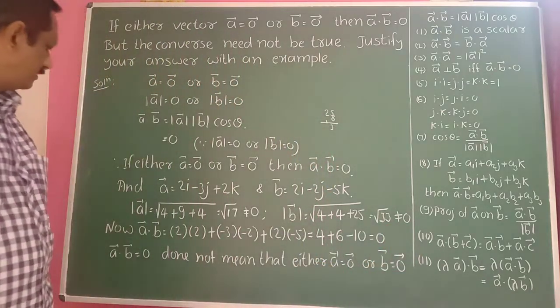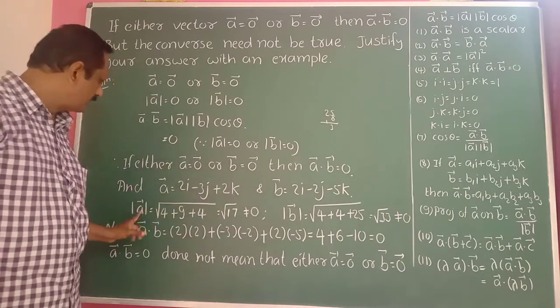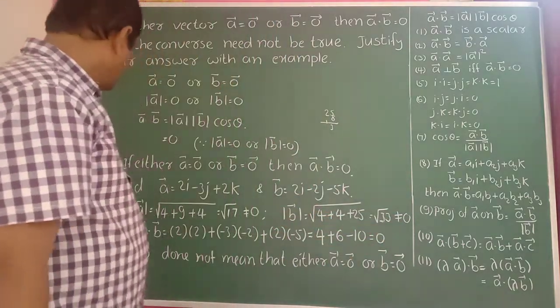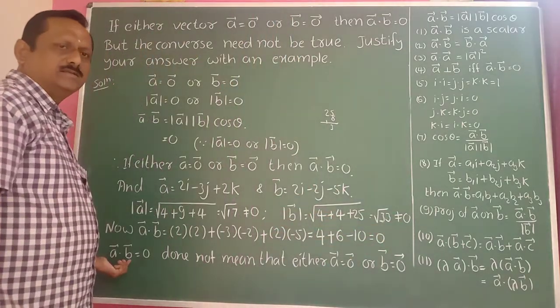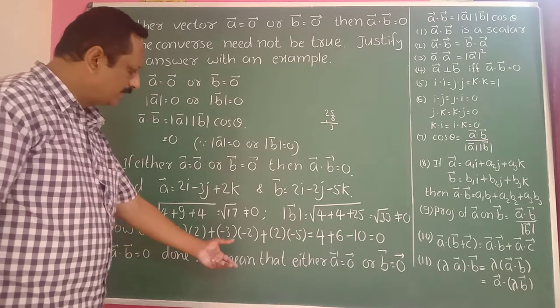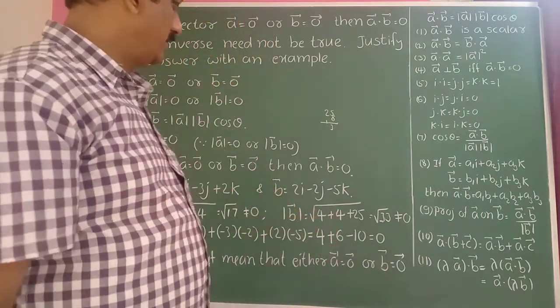Just observe: here a bar is this vector, b bar is this vector, but their moduli are not 0. Even though the dot product is 0, a bar dot b bar is 0, it does not mean that either a bar is 0 or b bar is 0.